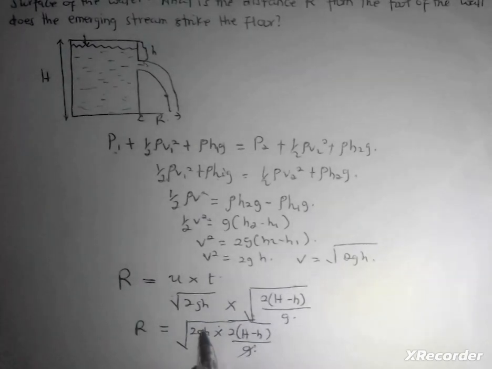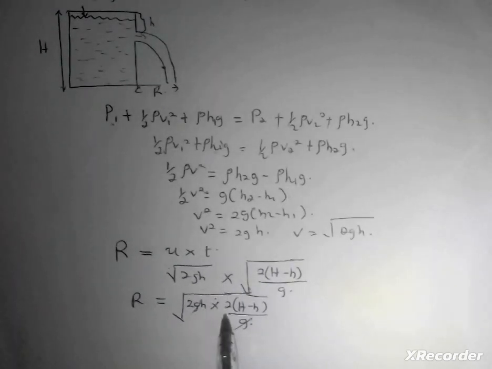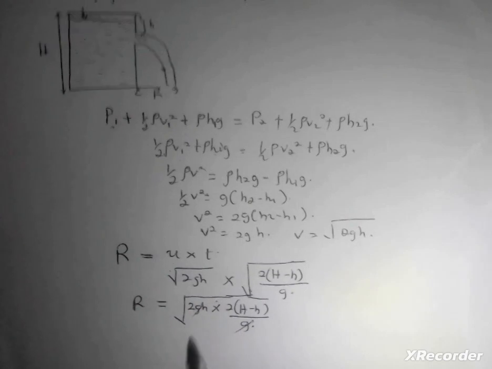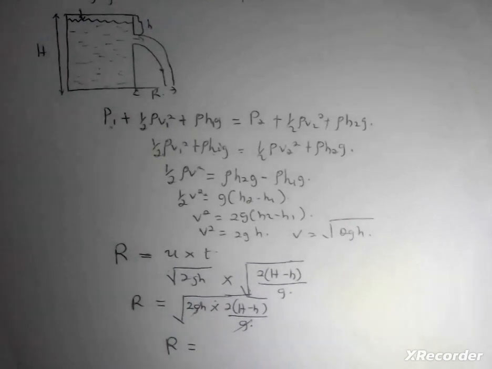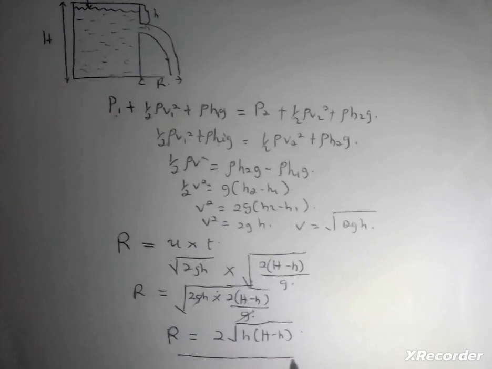Therefore my g will cancel this g out. Then I'm going to get 2 times 2, 4, and 4 will come out of the square root as 2. So my r, which is the range with which the water is going to strike the ground, is equal to 2 square root of h open bracket capital H minus h. So this is how to find this formula.